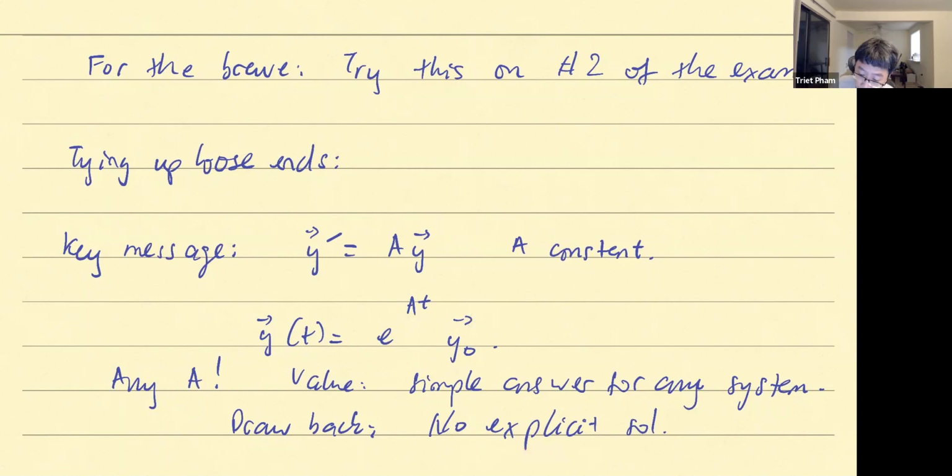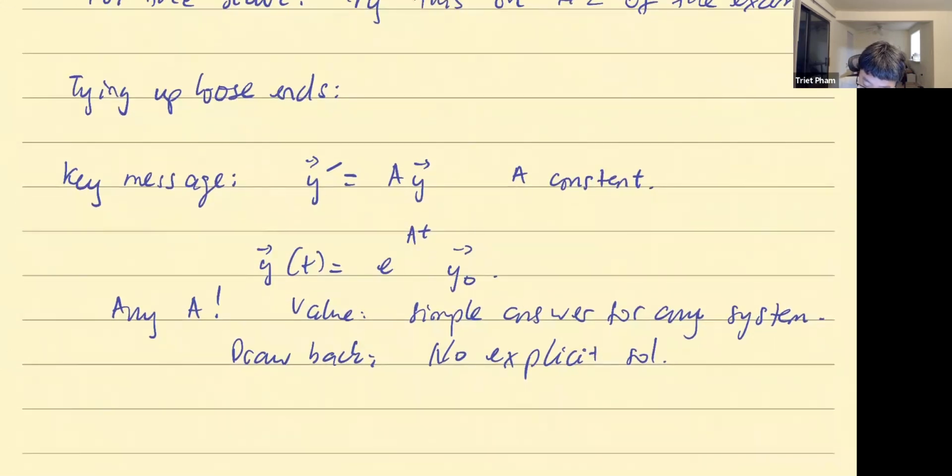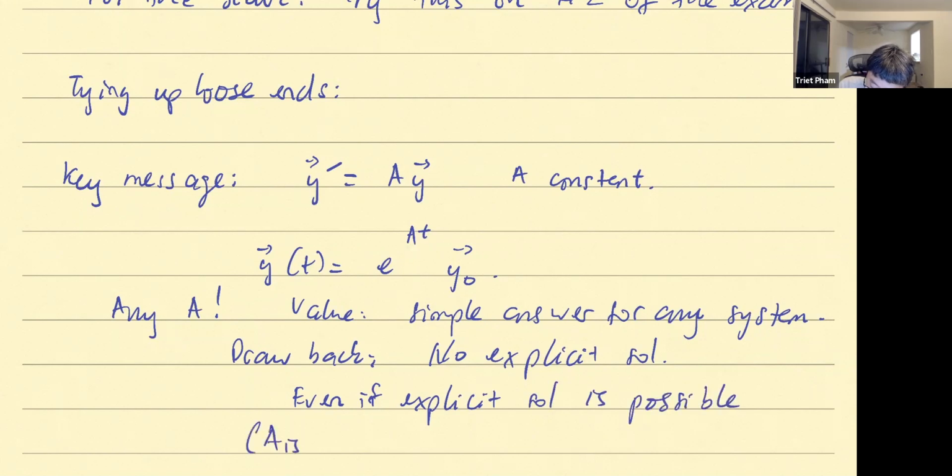And second, even in the case of explicit solution, even if an explicit solution is possible, in other words, A is diagonalizable, the computation is impractical.